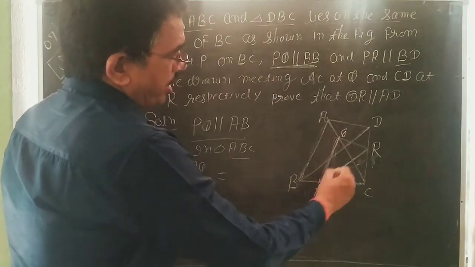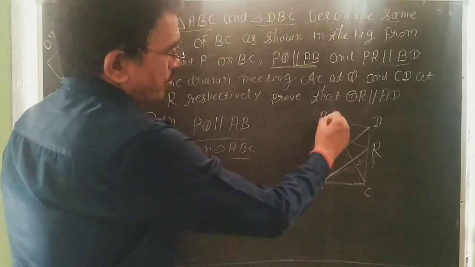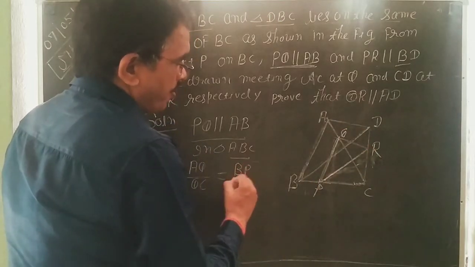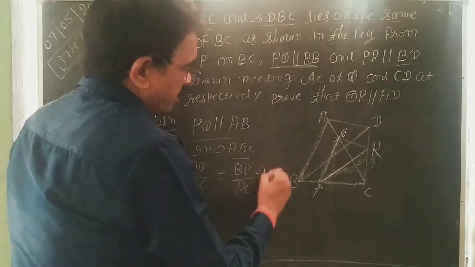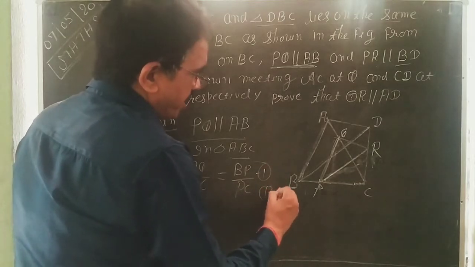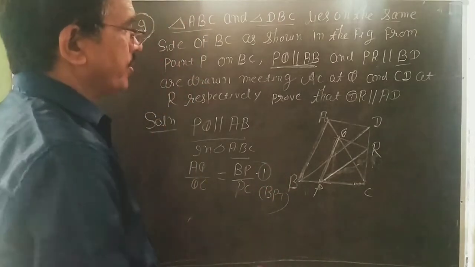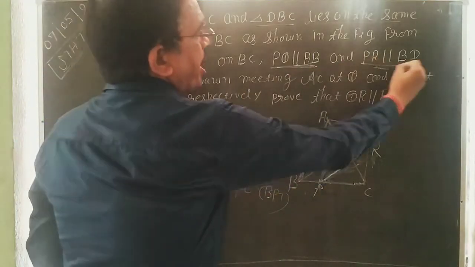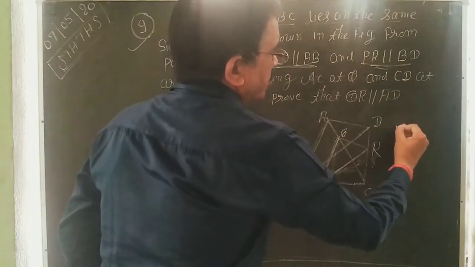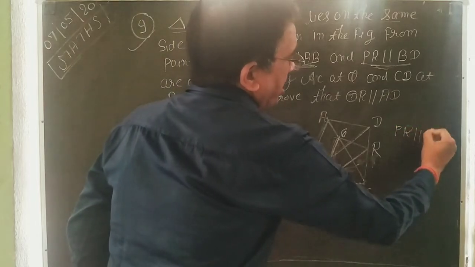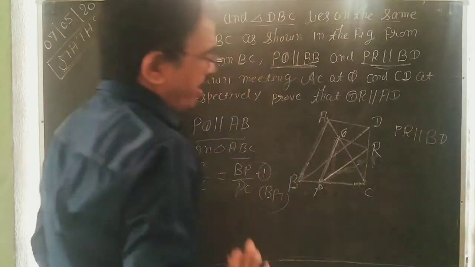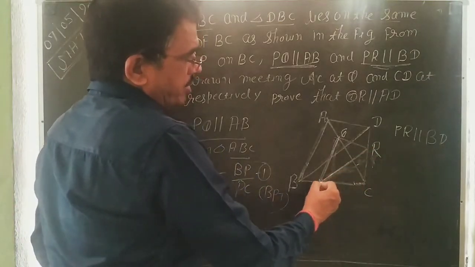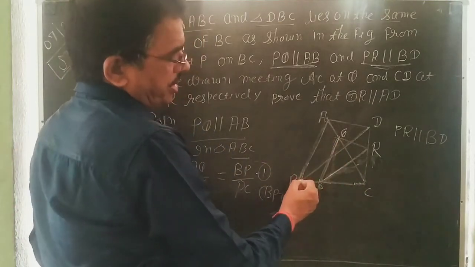This is equation first, by the basic proportional theorem. Similarly, second part: it is given that PR is parallel to BD. Here is PR and here is BD.